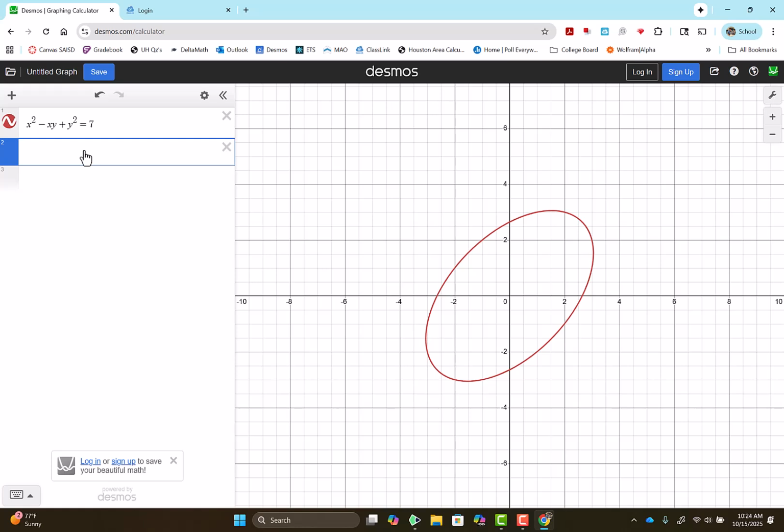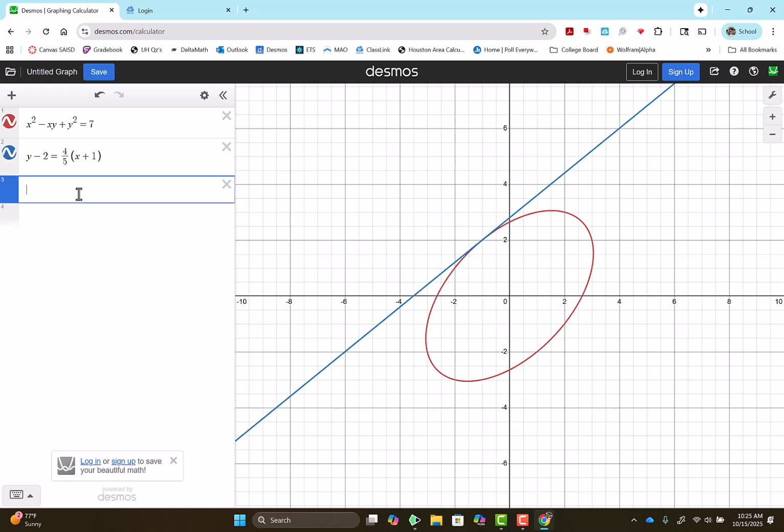All right, give me my tangent line, guys. Y minus 2 equals 4/5 x plus 1. Yeah, that looks like my tangent. Let me go ahead and put my point in there so I can see it. Negative 1, comma 2. Yep, there it is.